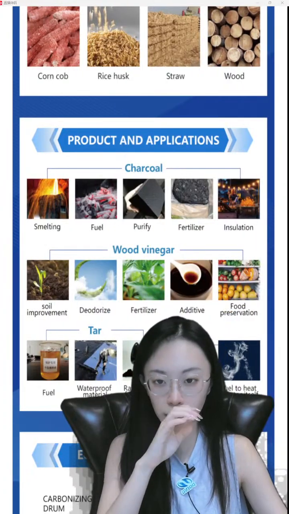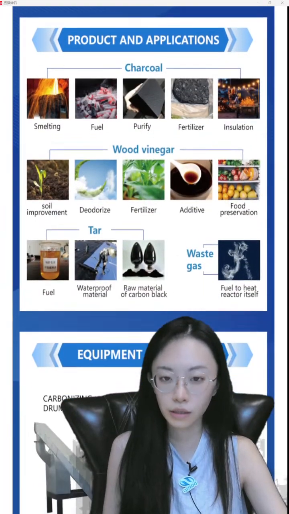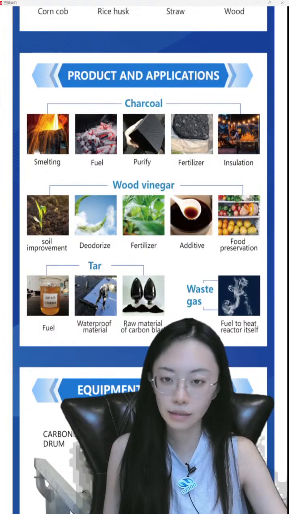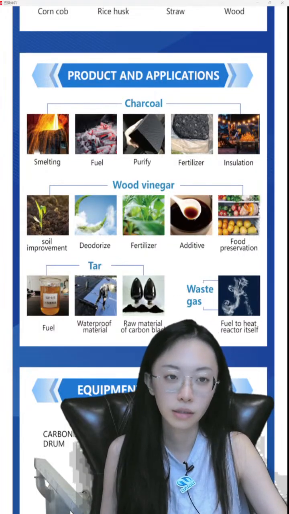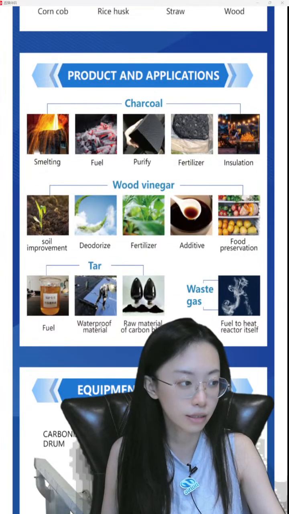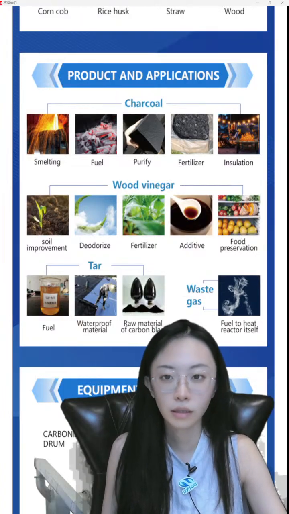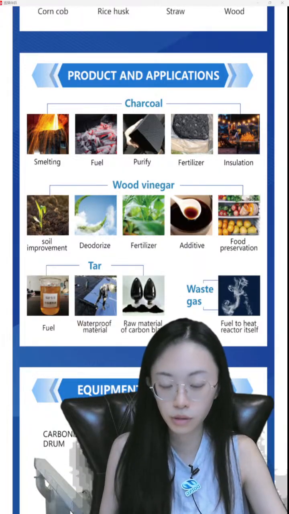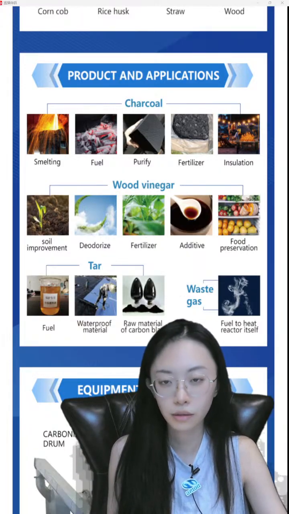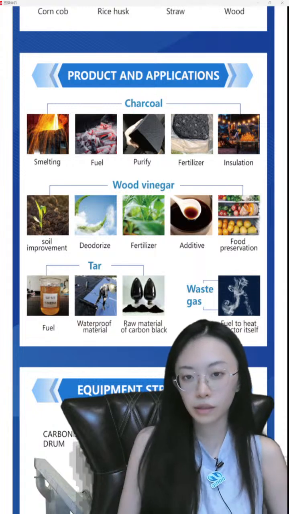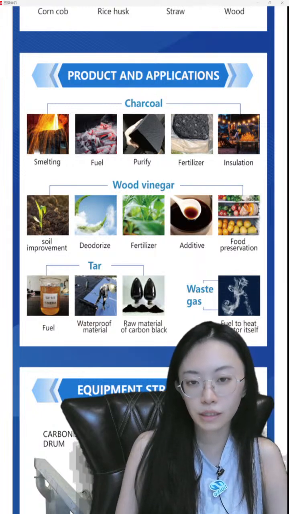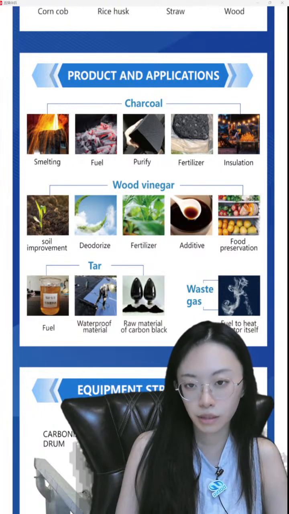And this is the charcoal, wood vinegar, tar, and waste gas. These are the final products. The main product that we want to get is the charcoal, which can be used as fuel to burn, and also as purifying material, fertilizer, or insulation materials.